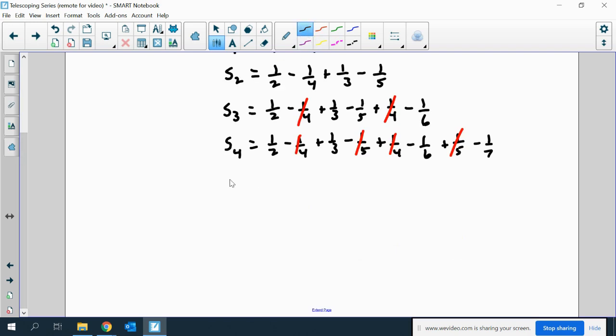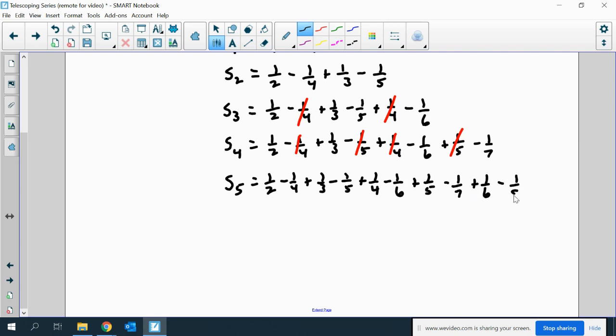Then let's continue. 1/2 minus 1/4 plus 1/3 minus 1/5 plus 1/4 minus 1/6 plus 1/5 minus 1/7 plus a sixth minus an eighth. So notice that the fourths cancel, the fifths cancel, and the sixths cancel.